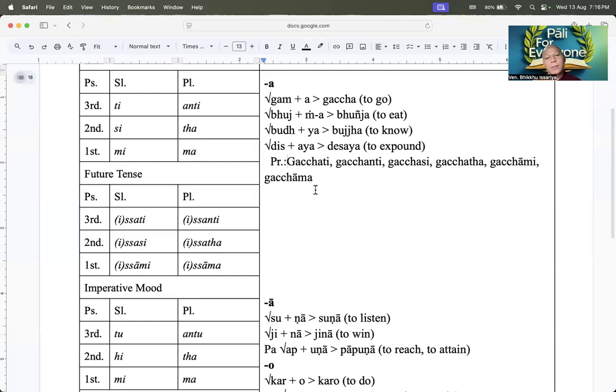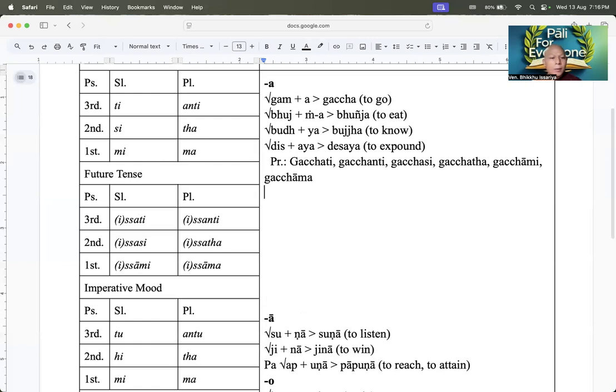So present tense. And then the future tense also, why not.